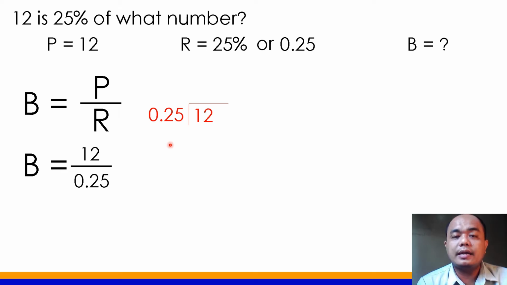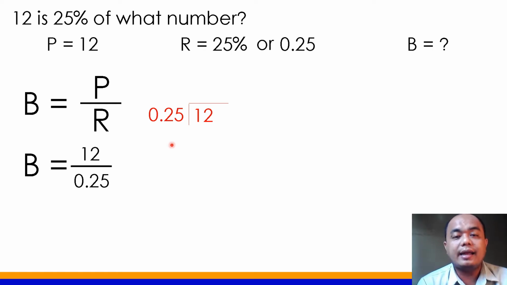So, ibig sabihin, class, dapat yung number na humahati or yung divisor nga natin na tinatawag, dapat whole number ito para mas madali siyang isolve manually. No? Hindi tayo gumagamit ng calculator or whatever device. Kung gumamit tayo ng calculator, of course, we can solve it directly. Pero, kung nagmamanual tayo ng pag-solve, using pen and paper lang, make sure that our divisor is whole number.